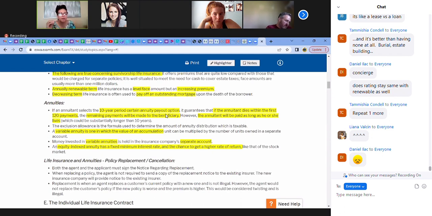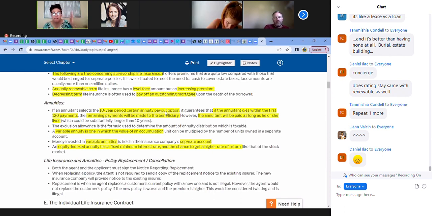Here's the example for the test. It's a 10-year period certain annuity. So if the annuitant, let's say I'm the annuitant, passes away before the 10 years is up, they're going to give my beneficiary whatever time frame is left. So on the test, it's going to be years or payments. How do we determine payments?